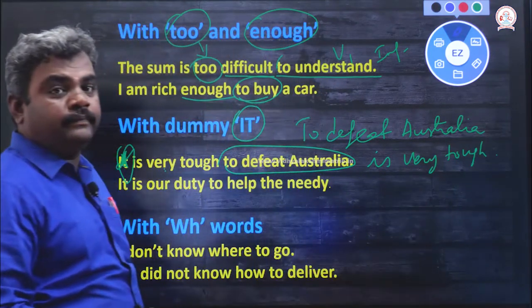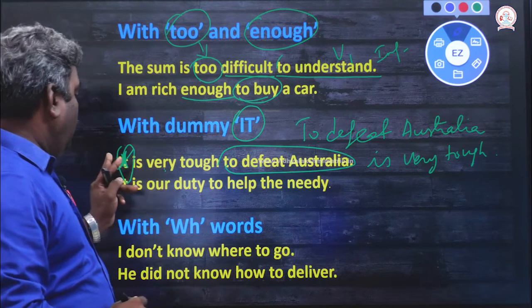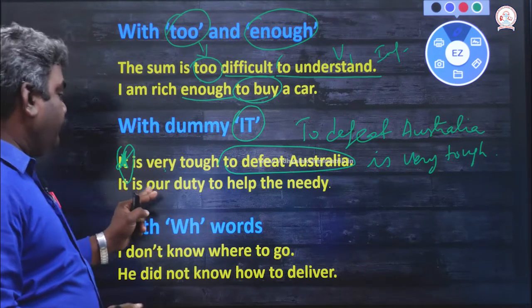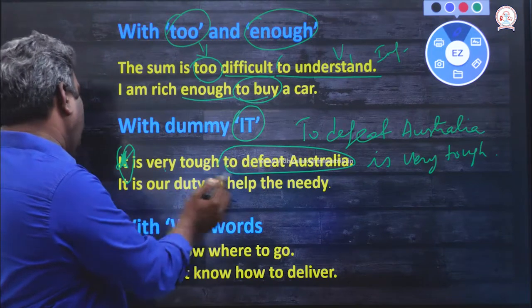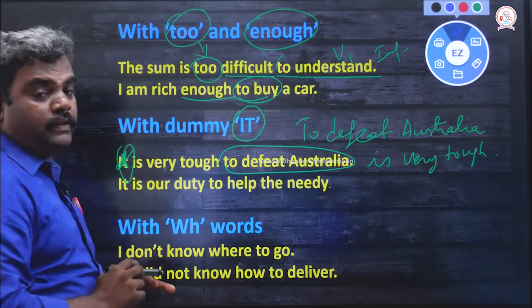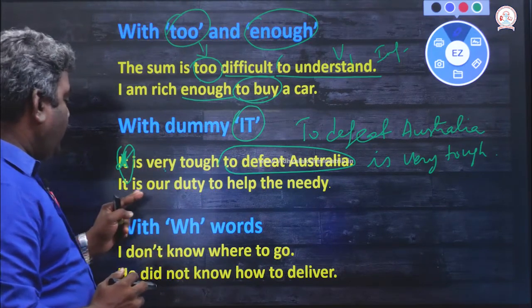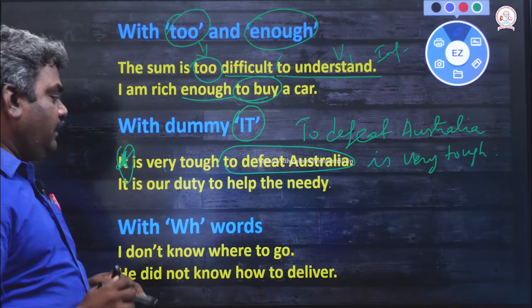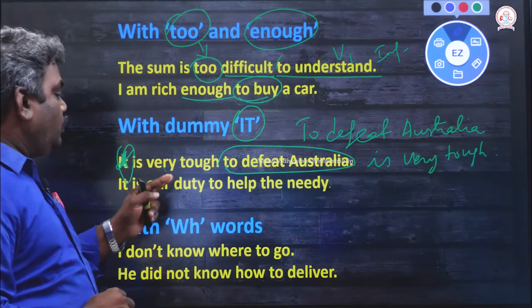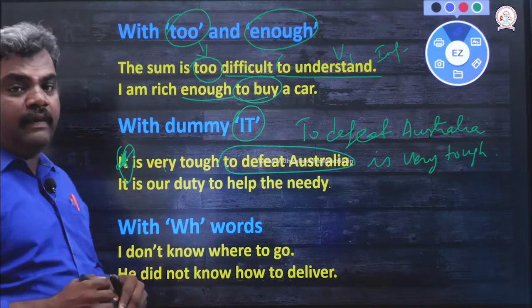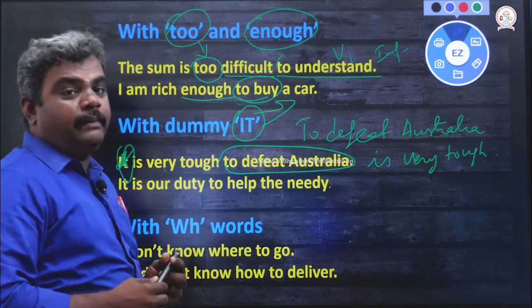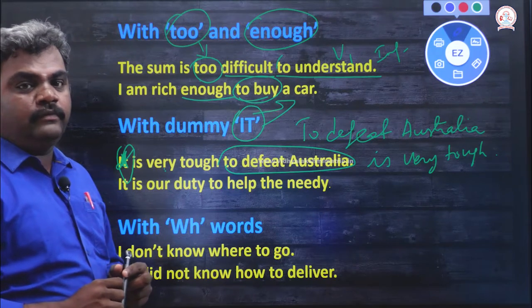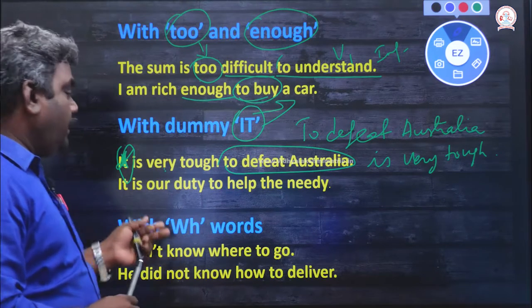That's all. In the place of the subject, instead of putting the infinitive, we are using the word it. It's our duty to help the needy. Now you can tell me the answer: to help the needy is our duty. That's why this it has become a dummy word. Okay, now you have understood.